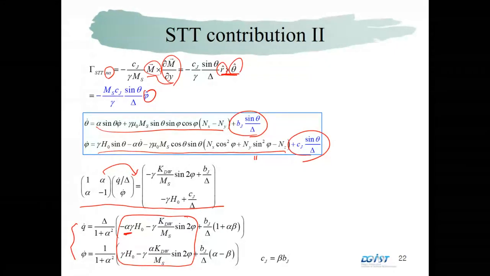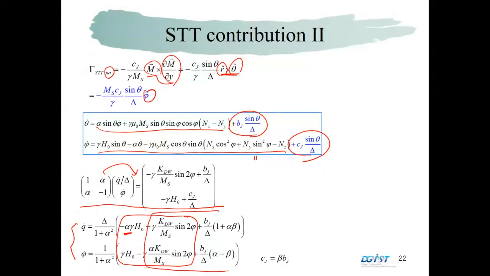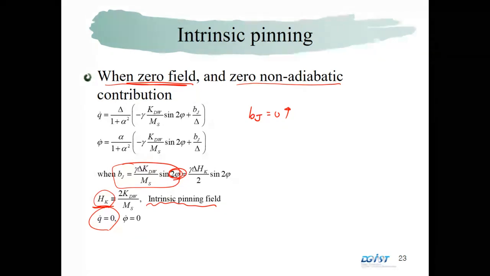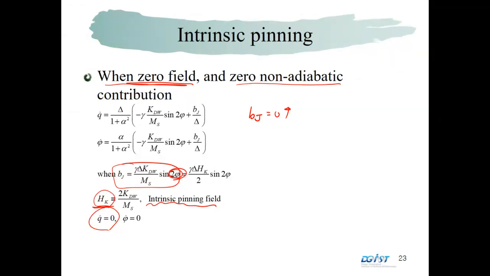But in a spin transfer torque, those terms can be 0 together. So that's the difference between spin transfer torque driven domain motion and field driven. That means we need at least a certain amount of current density to move the domain wall to overcome this intrinsic pinning.